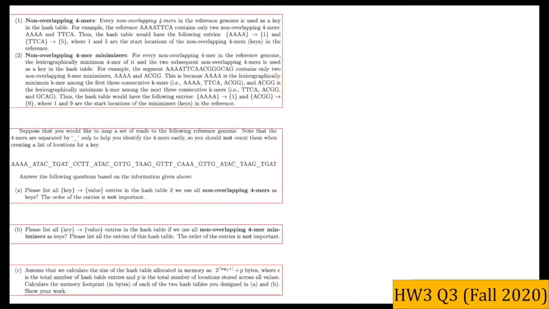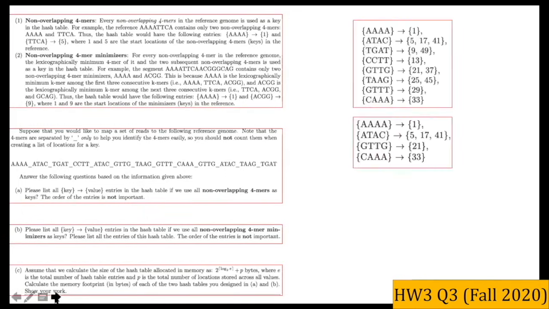Now we want to calculate the memory footprint in bytes of each of the two hash tables you design in A and B, and you need to show your work. Okay, so this is for your reference.